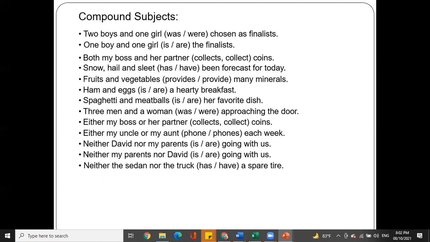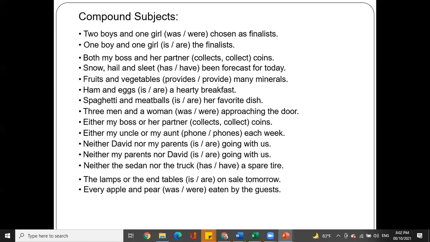Neither the sedan nor the truck has a spare tire. The lamps or the end tables are on sale tomorrow.